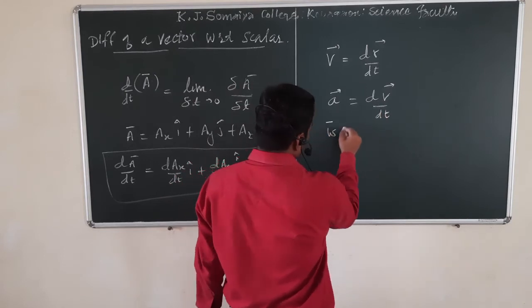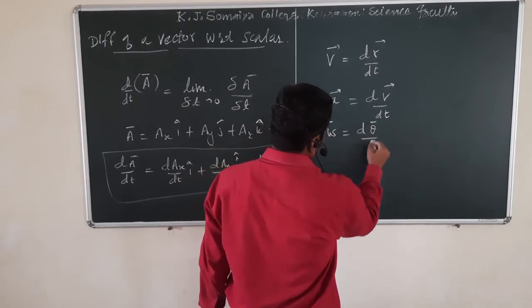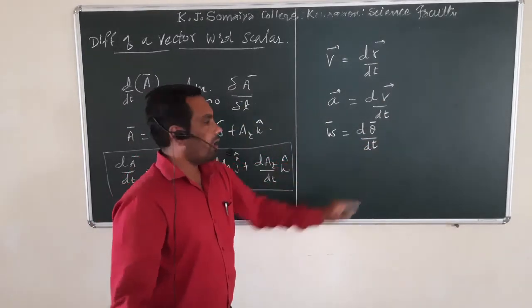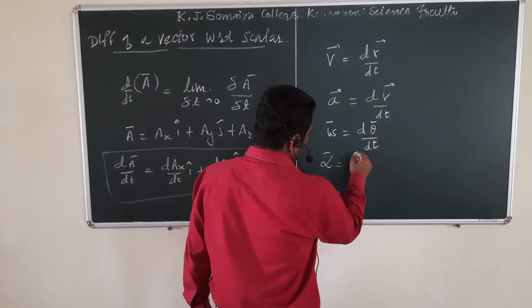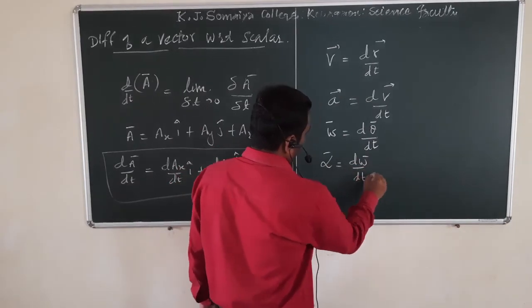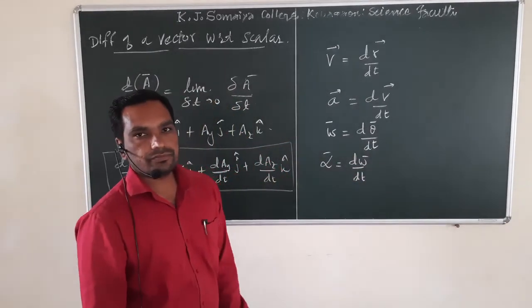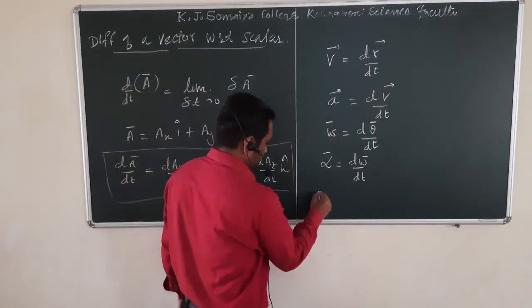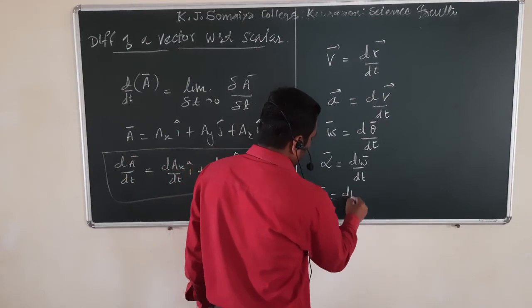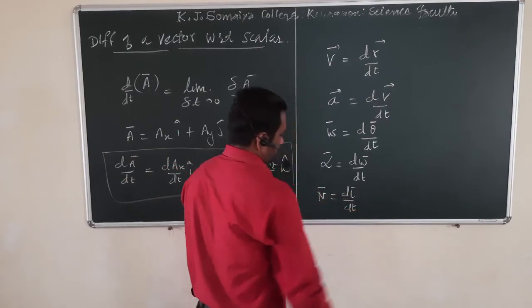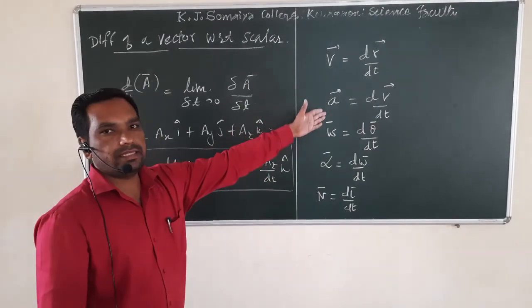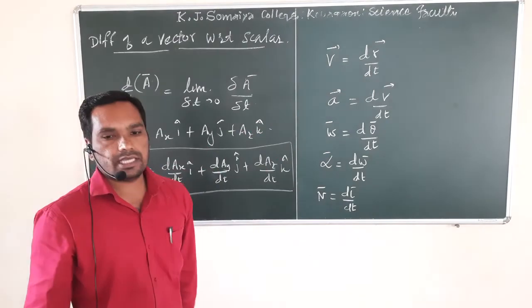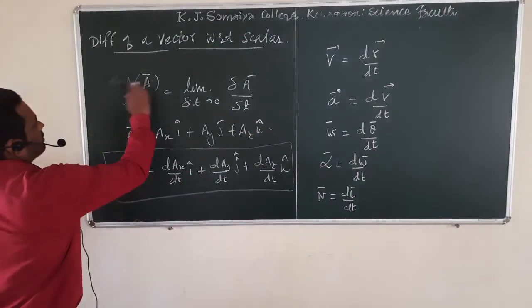Angular velocity is the derivative of angular position, d theta by dt. Angular acceleration is the derivative of angular velocity. Again, torque is the derivative of angular momentum. There are many examples in which we differentiate a vector with respect to a scalar. Then the rules of this.